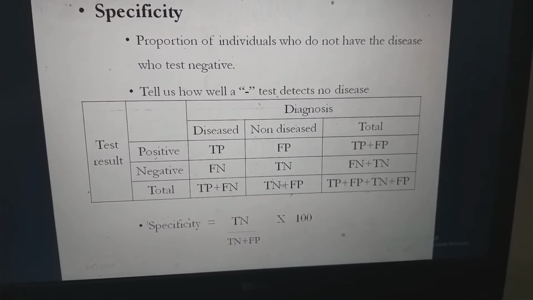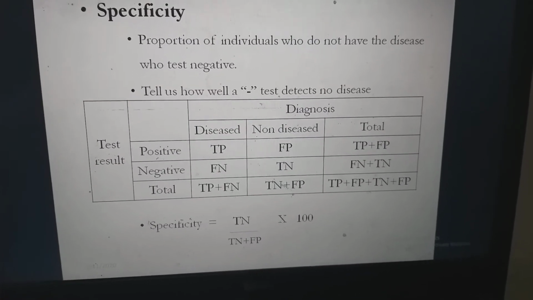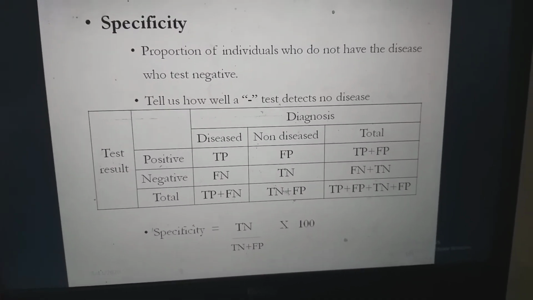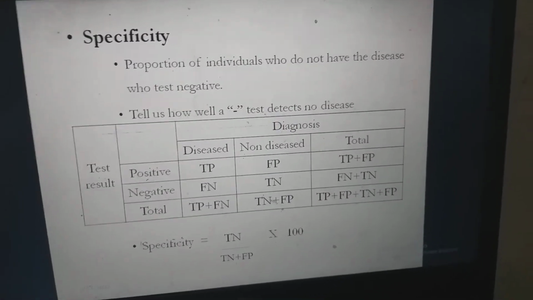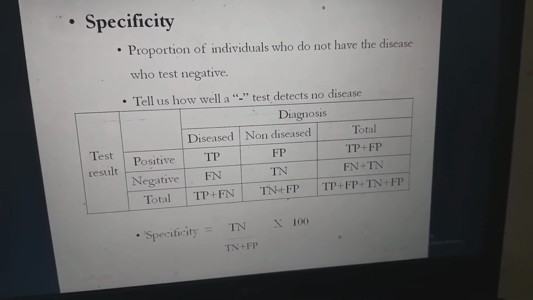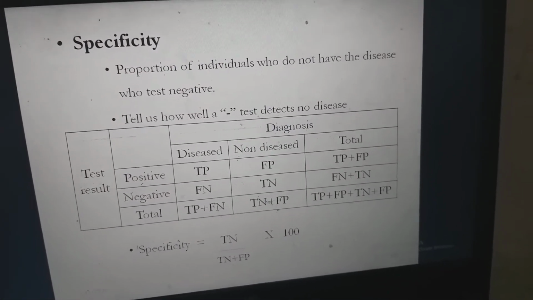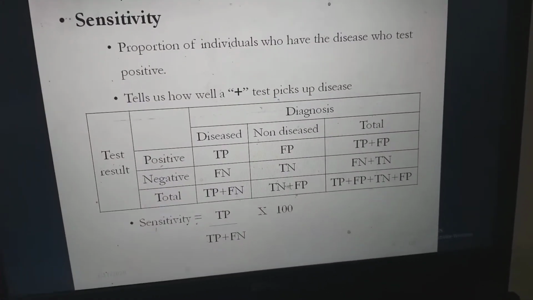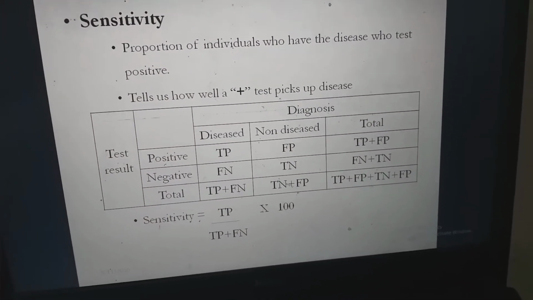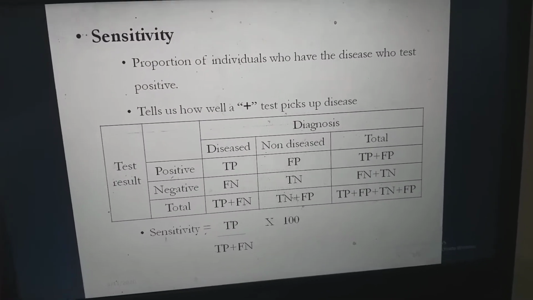True negative means D. D over B plus D, where D means true negative and B is false positive. But when we come to sensitivity, true positive over total disease, that means A over A plus C. A over A plus C.